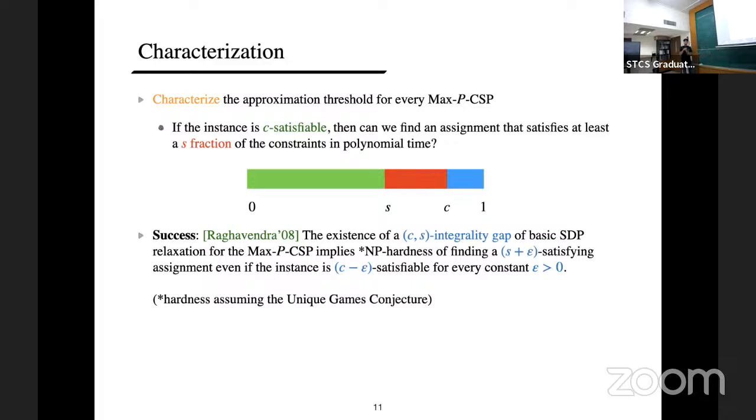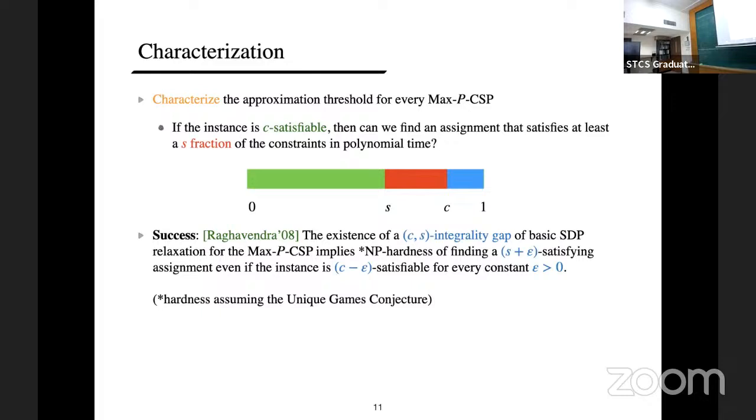It doesn't matter whether this instance is on 10 variables or 50 variables or 100 variables. I can feed that into some reduction, and that tells me that if your instance is almost satisfiable, then you cannot beat this approximation. You cannot find an assignment that satisfies more than 7/8 fraction.